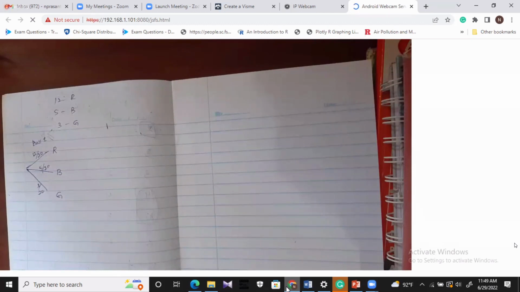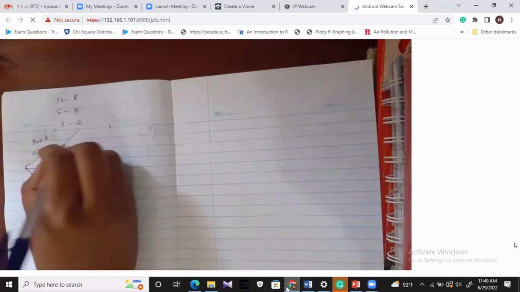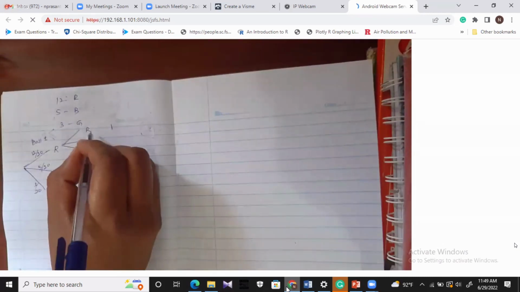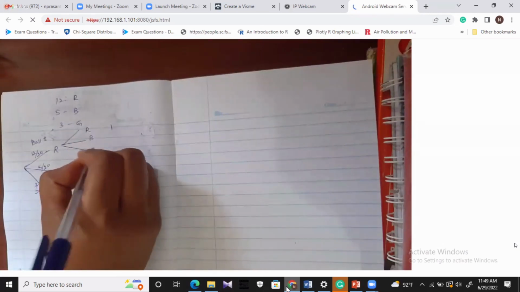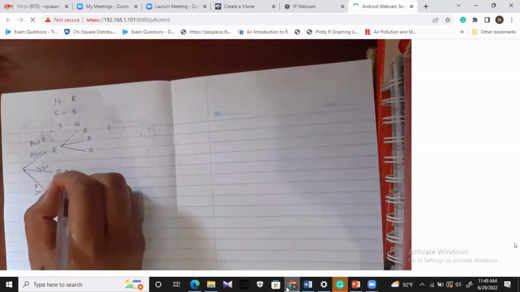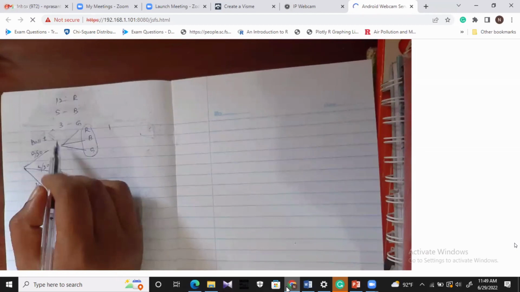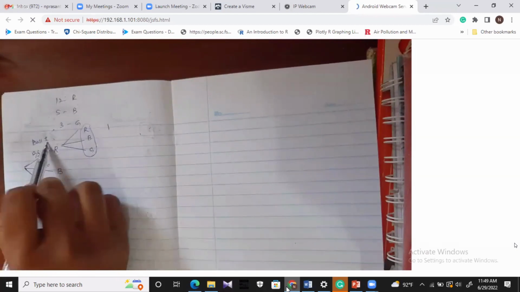What are the possible outcomes? Now we are taking another ball, keeping the first ball out. We are not putting that ball back into the bag. So what are the possible outcomes? Again, there are three possible outcomes. It can be either R, B, or G. That outcome does not depend on the outcome of the first ball.